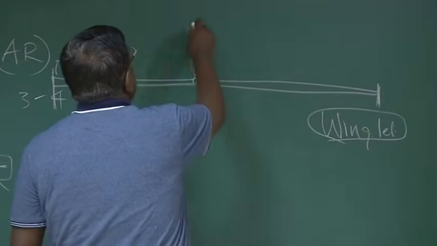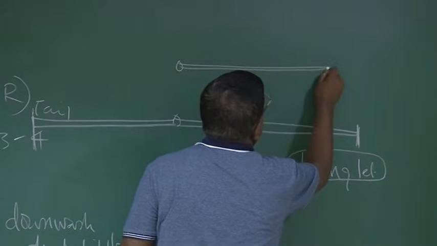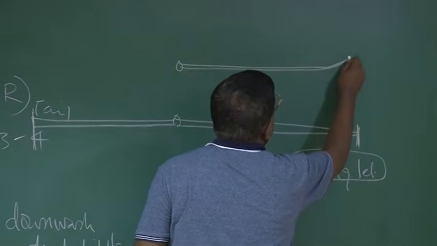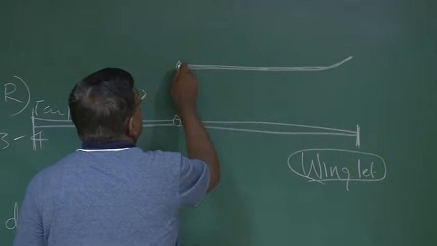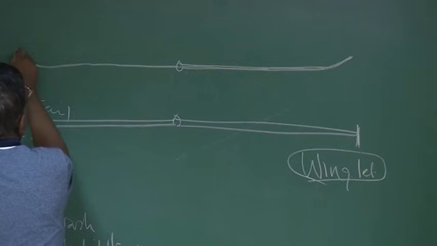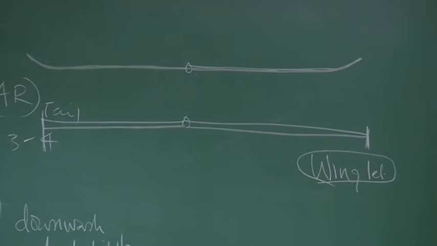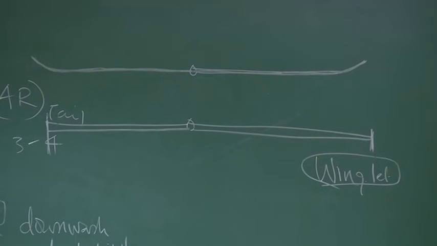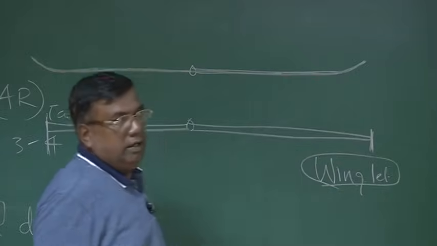There is another way of handling this situation you will find. If this is the wing, it will be raised like this. In continuity, it is raised like this. Okay? This is also doing almost something like this, but in a very continuous manner.